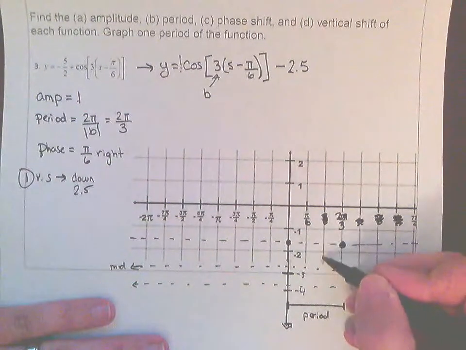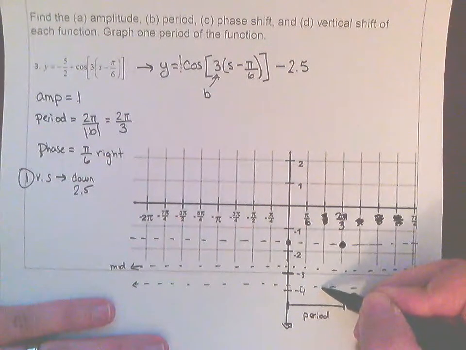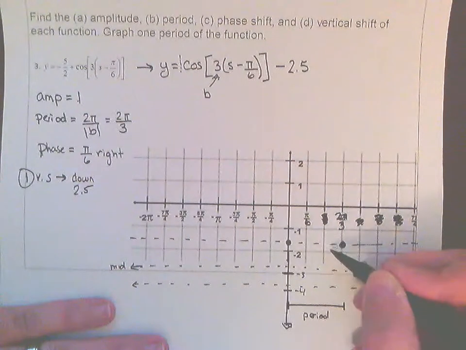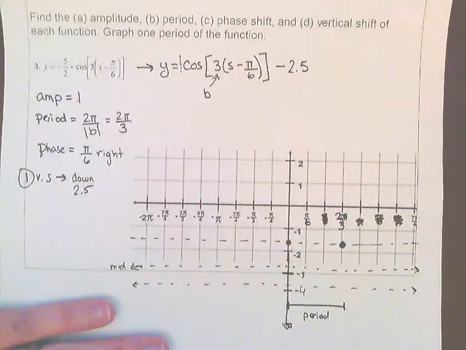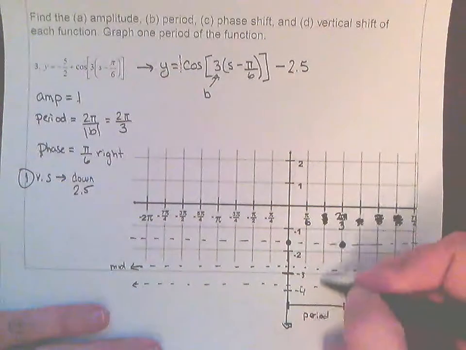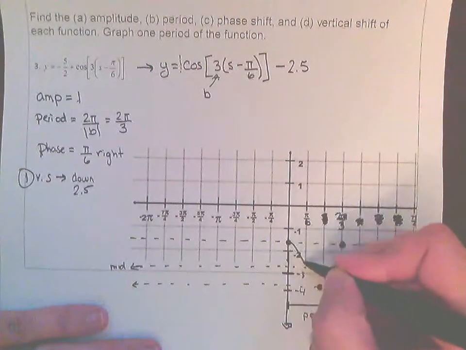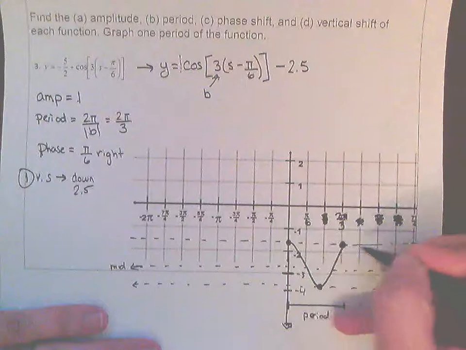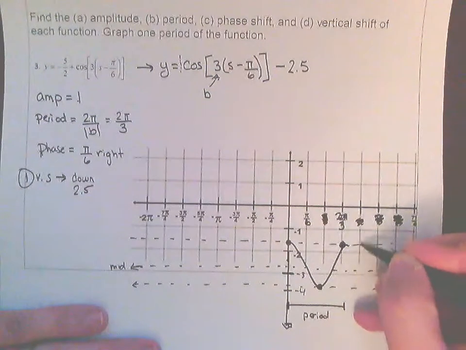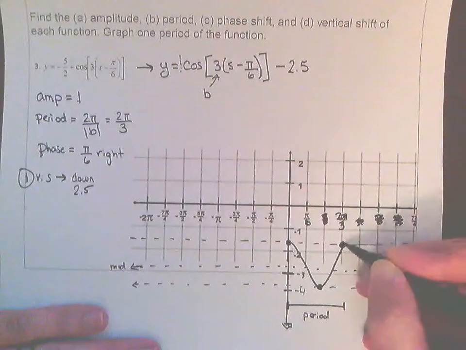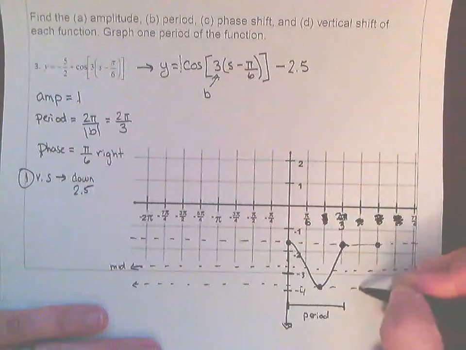And then in the middle, we are going to have our trough. So this is one period. Okay, and I can keep going and graph this completely.